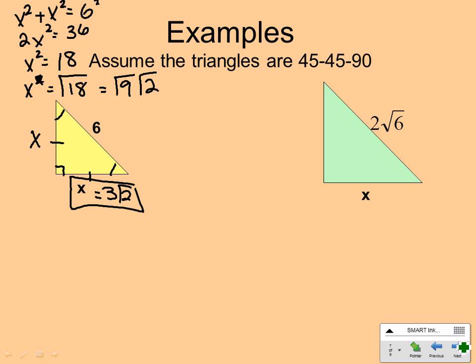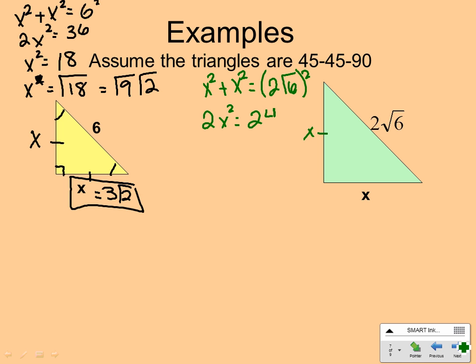Okay, so if you use Pythagorean theorem, I have x squared plus x squared is equal to 2 radical 6 squared. So how many x squareds do you have? 2. You have 2x squared. Now, 2 times radical 6 times 2 times radical 6. 4 times the square root of 36, which goes down to 6, so I have 4 times 6, 24.